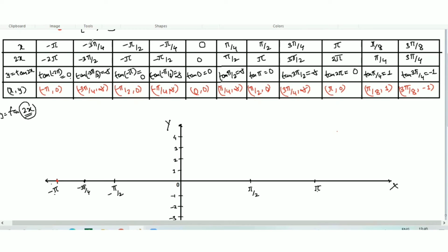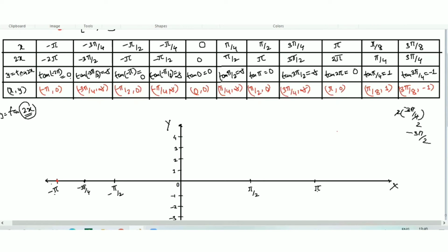Two times minus 3 pi over 4 gives minus 3 pi over 2. So this is minus 3 pi over 2. This row is for 2x.